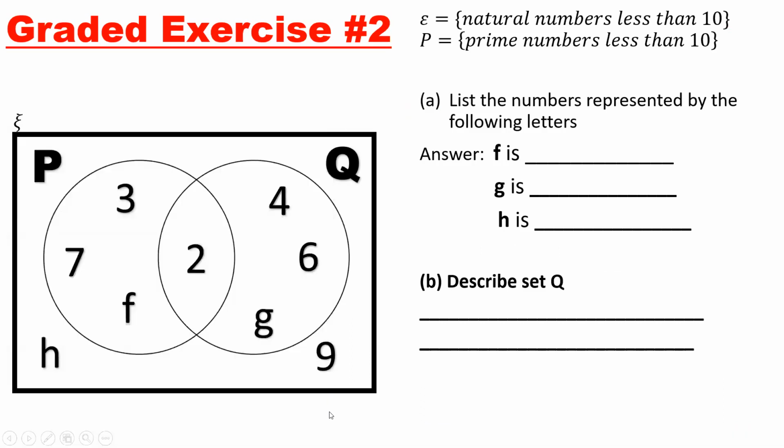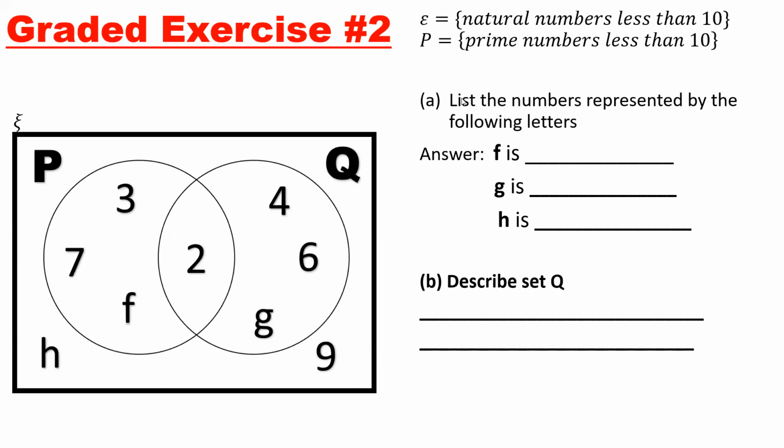So basically what we have is set P. Set P contains the numbers 3, 7, F, and 2. We have set Q. Set Q contains 2, 4, 6, and G. We have H, and then we have 9. We know that the universal set contains all natural numbers less than 10. We know that set P contains prime numbers less than 10.